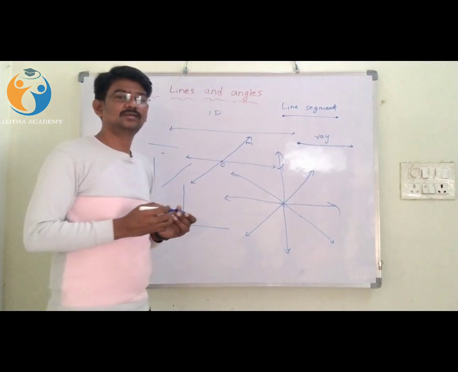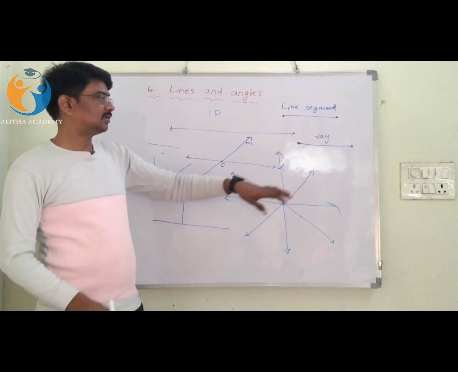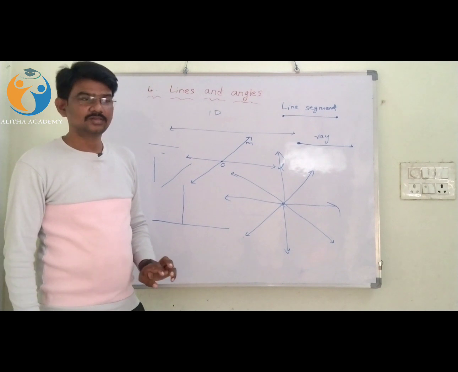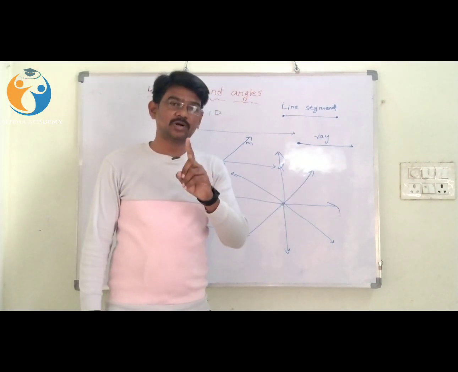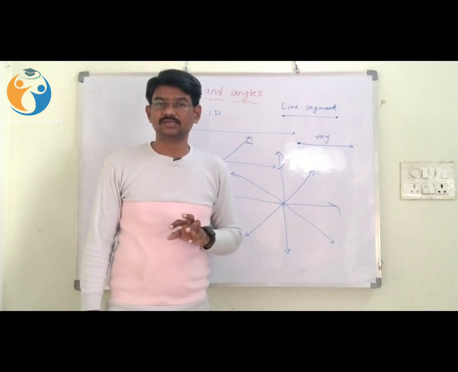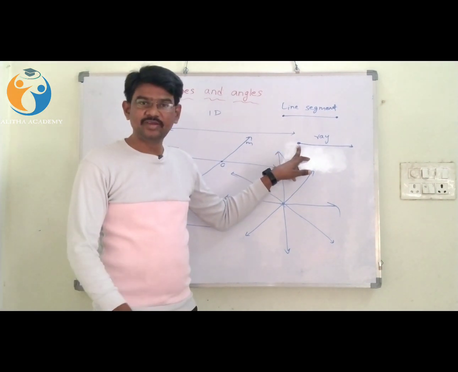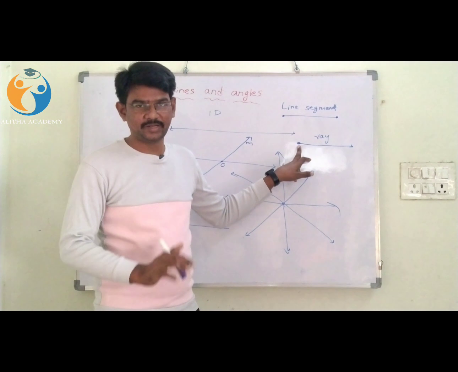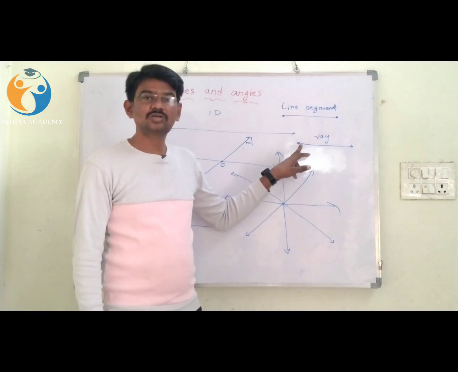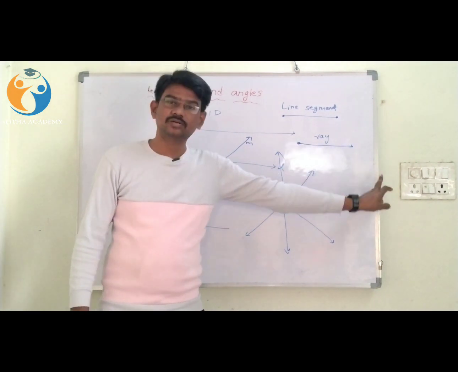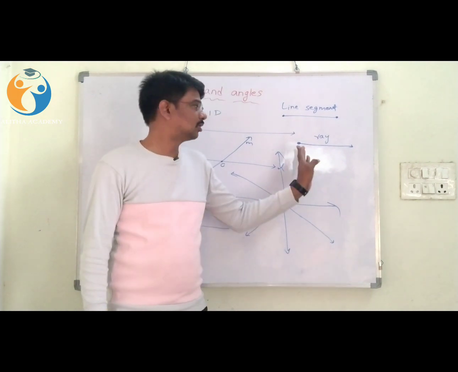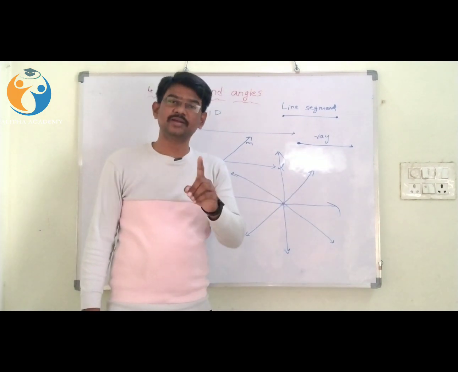What is the definition of a ray? A ray is a part of a line which has a fixed starting point and goes endlessly.